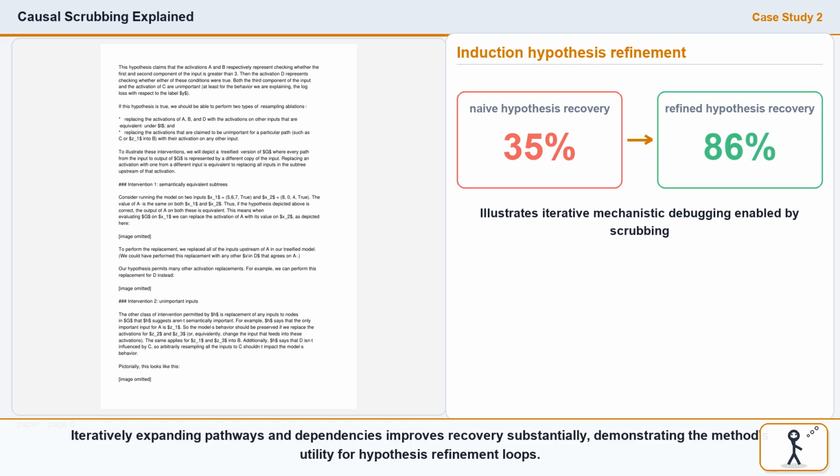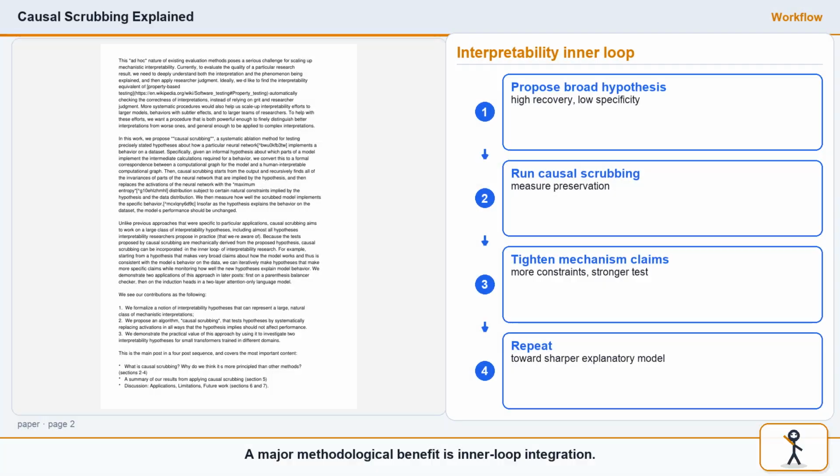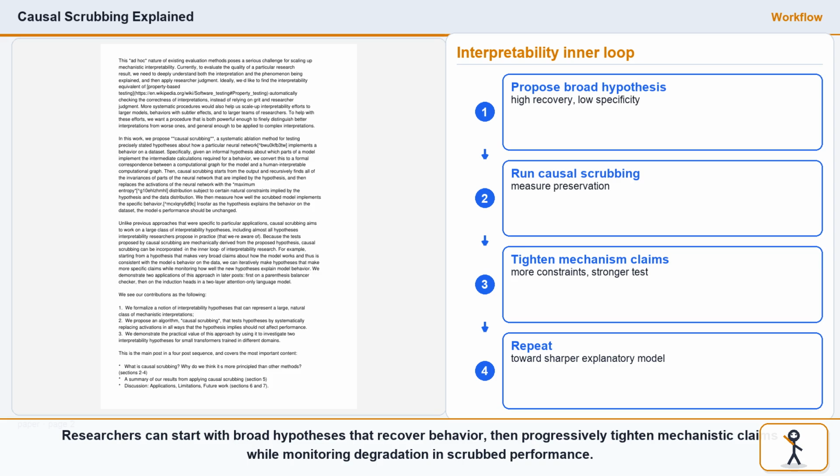Iteratively expanding pathways and dependencies improves recovery substantially, demonstrating the method's utility for hypothesis refinement loops. A major methodological benefit is integration into the research loop. Researchers can start with broad hypotheses that recover behavior, then progressively tighten mechanistic claims while monitoring degradation in scrubbed performance.